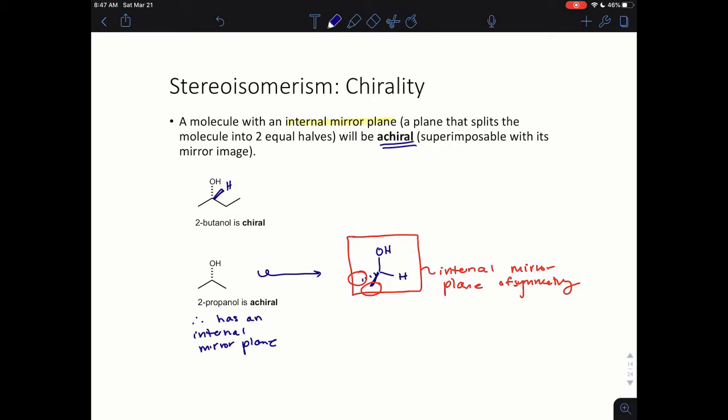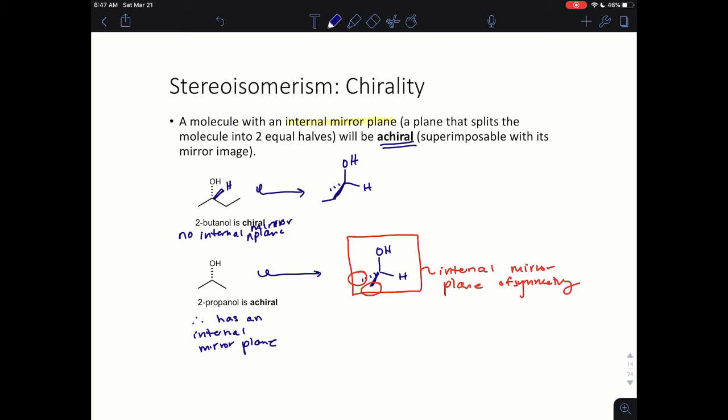Now let's imagine doing the same thing with 2-butanol, which is chiral, meaning that it should not have a mirror plane. It should have no internal mirror plane of symmetry. So we're going to imagine rotating that, and the reason I'm rotating it is so that the alkyl groups might reflect each other in the plane, just like for 2-propanol, where the methyl groups reflected each other.